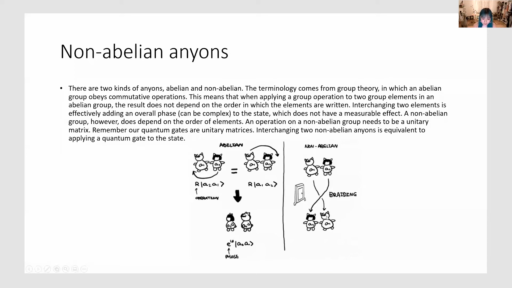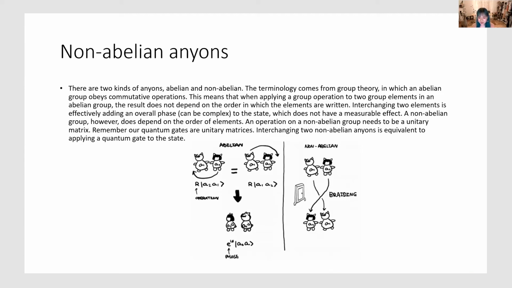And we know about unitary matrices. They're what gates are. Gates are unitary matrices. So effectively, if you can braid these Majorana quasi-particles or zero modes, you could effectively add gates to it.